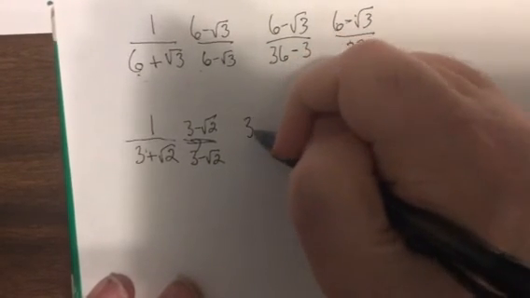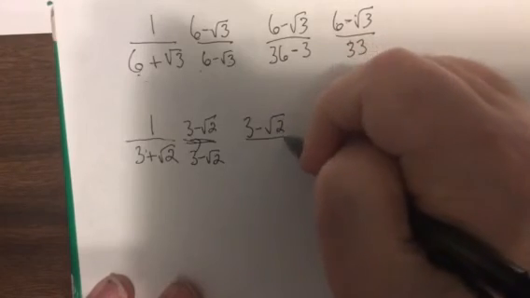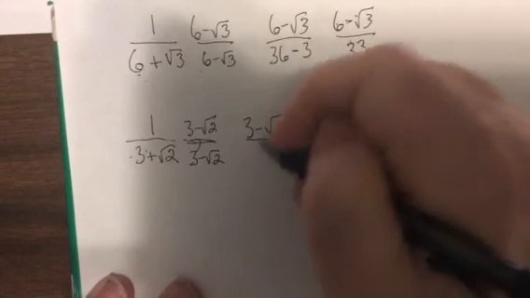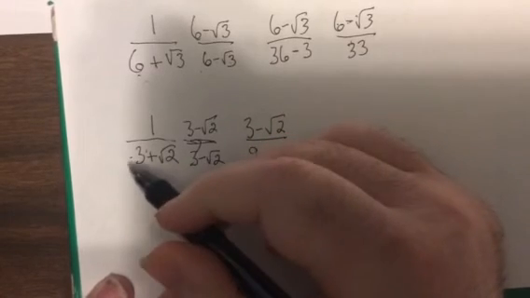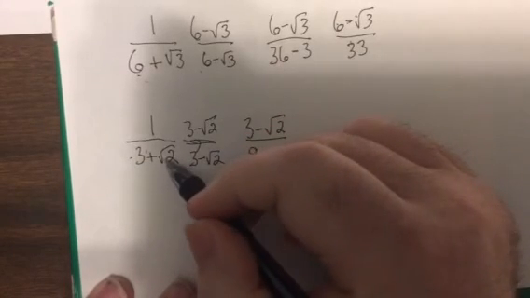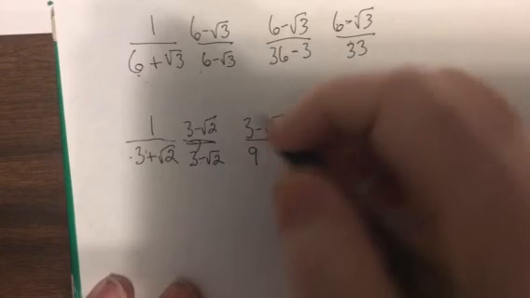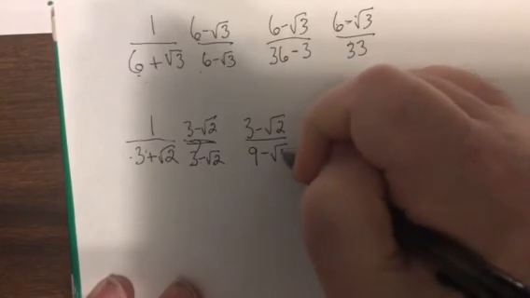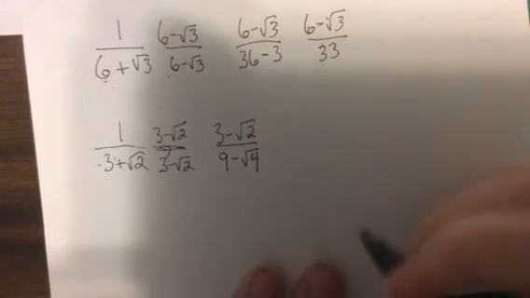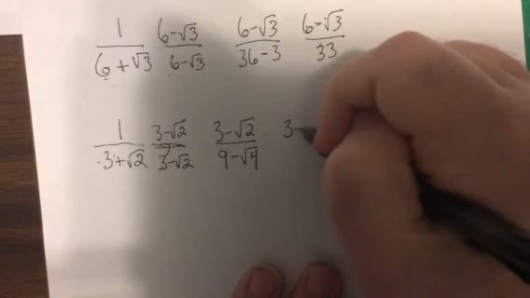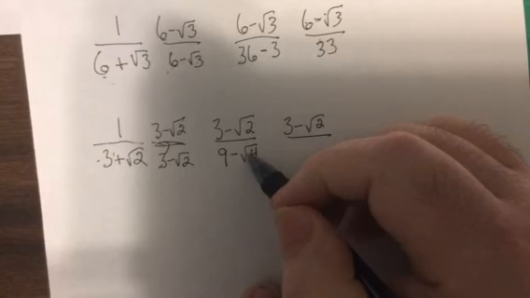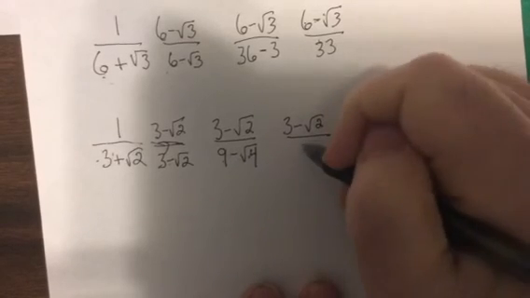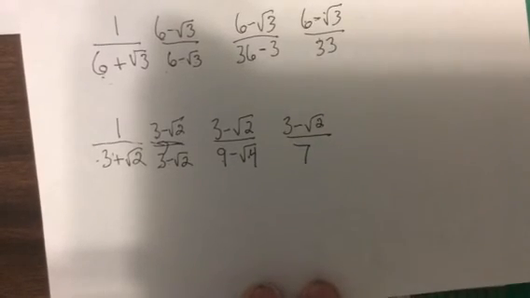It'd be 3 minus square root of 2 over 3 times 3 is 9. 3 square root of 2 minus 3 square root of 2 is 0. Square root of 2 times the negative square root of 2 is minus square root of 4. So it'd be 3 minus square root of 2 over 9 minus square root of 4, which is 2. 9 minus 2 is 7.